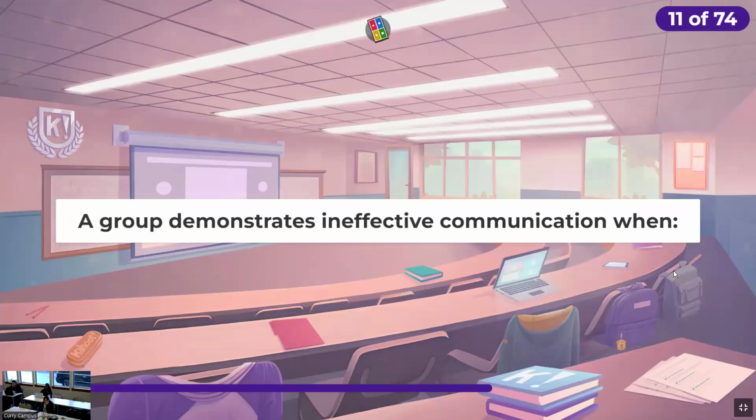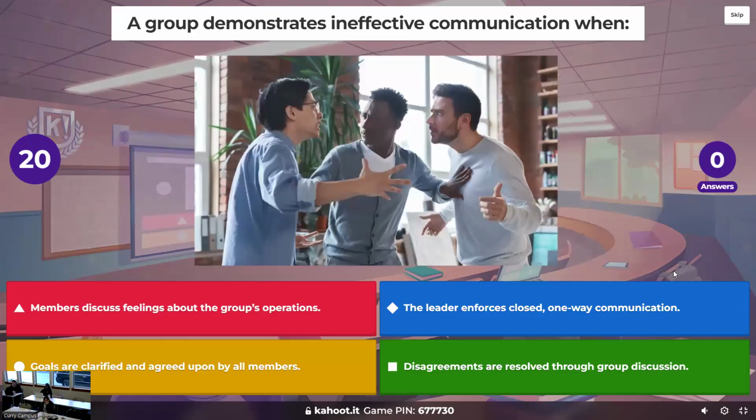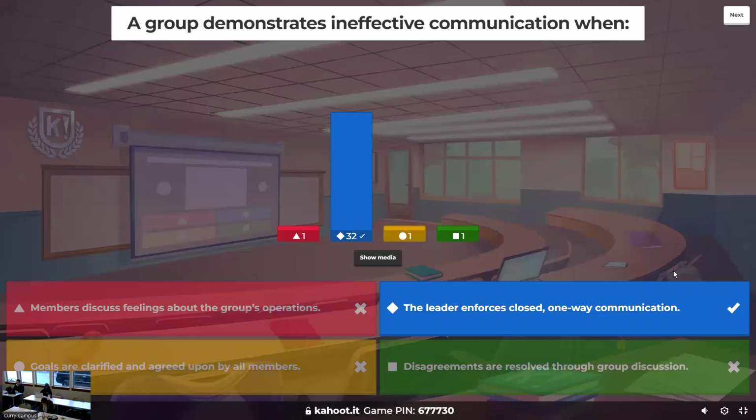A group demonstrates ineffective communication when? All right, almost everybody got that right.